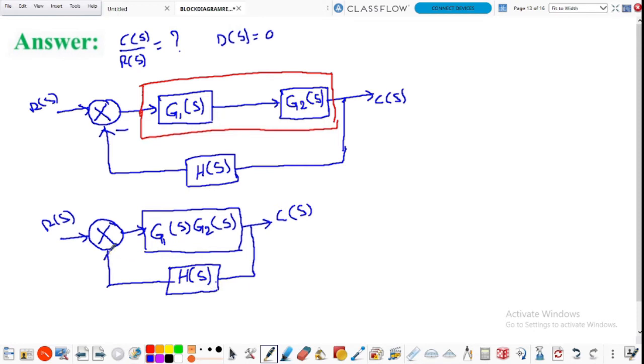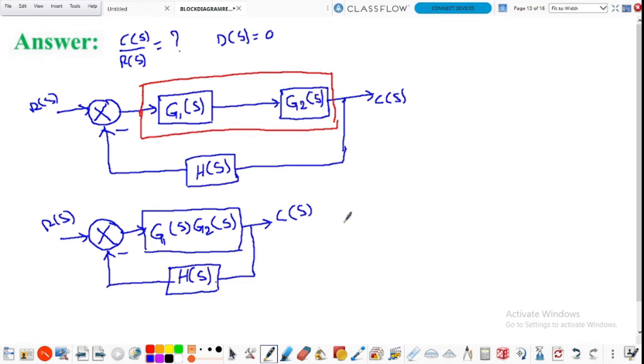Next eliminate the feedback loop. Now here the negative feedback element is there. According to negative feedback elimination, this is a block G of s and this block is considered as H of s. So the negative feedback elimination is G of s by 1 plus G of s into H of s.